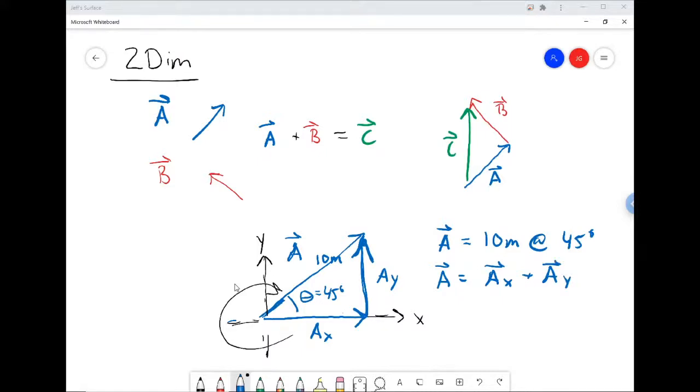So Ax and Ay are the one-dimensional components that when you add them together give you the whole thing, just like A and B earlier. And when you add them together, they give you the whole thing, which was C earlier, but now it's A.